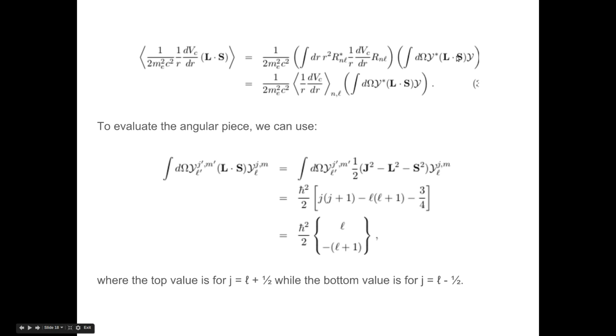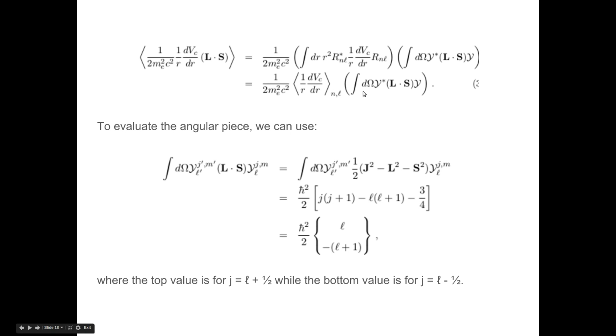Spin doesn't really come into play, but I'm just going to keep it attached to L. I'm going to evaluate the radial piece later, so let's just put brackets around it so we don't have to keep writing these integrals out.